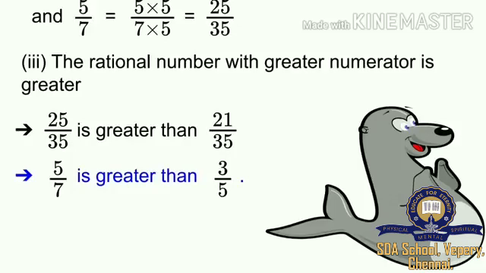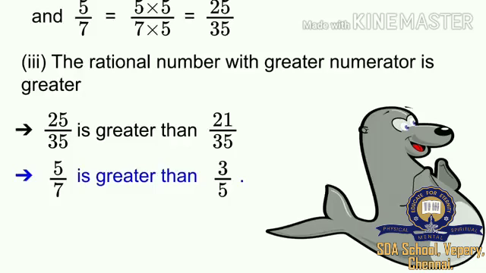And 5 divided by 7. Here the LCM is 35, right? If we multiply 7 into 5, then only we will get 35, right? So we are multiplying 5 in the numerator and the denominator, and we are getting 5 into 5 is equal to 25, and 7 into 5 is equal to 35.